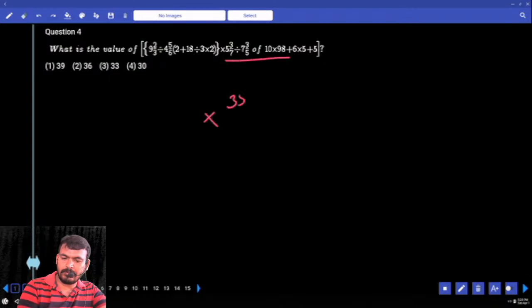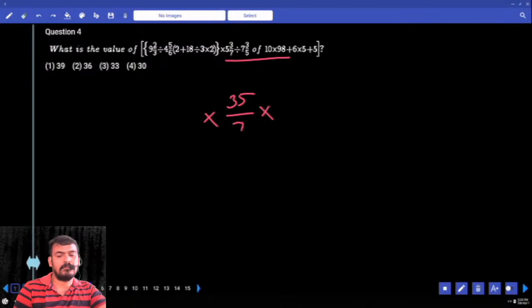35 by 7 into how much value? 38 by 7 into 5 by 38.